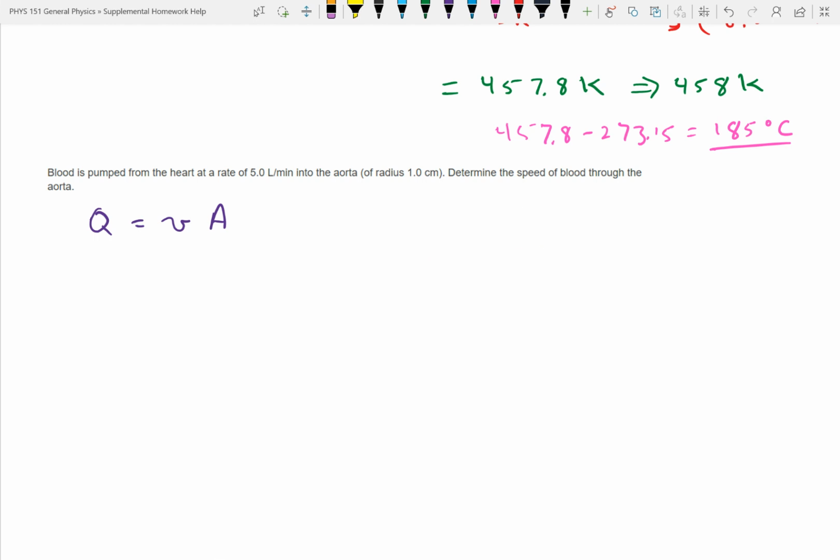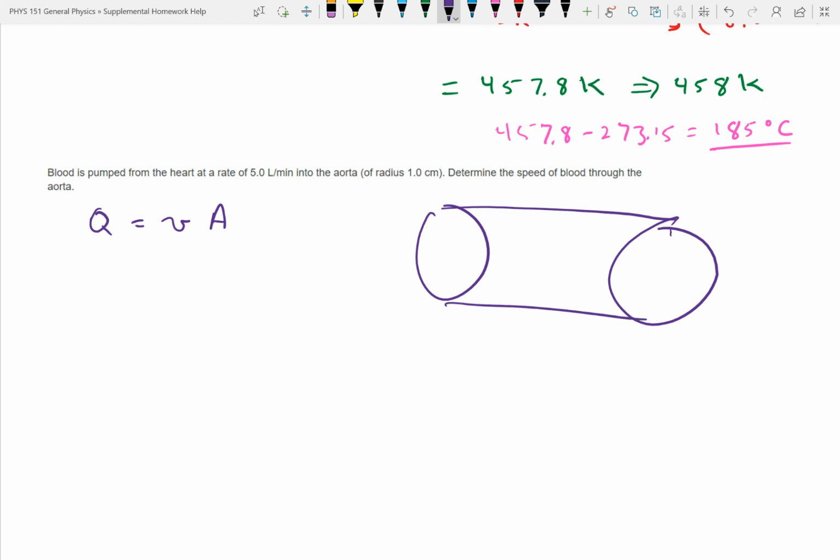I made my diameter 1 centimeter. Here's our aorta to the best of my drawing ability. So in this equation, the flow rate is VA. What's the area going to be? Pi r squared.